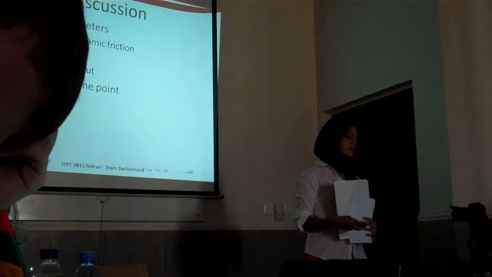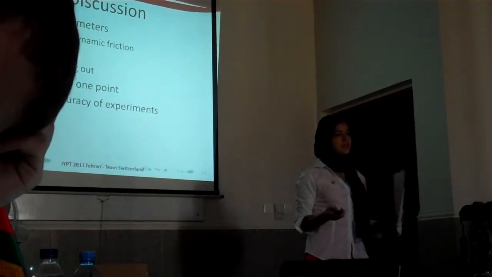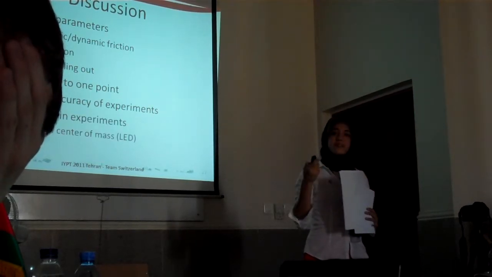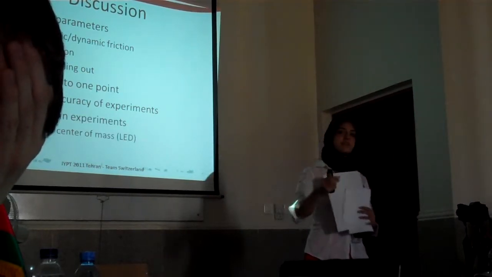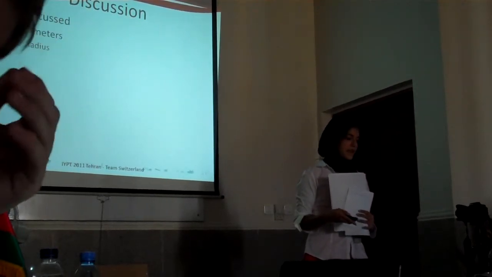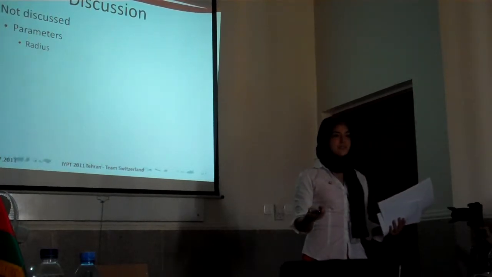You nicely moved on. You discussed the accuracy of the experiments, which I thought was very interesting, and you found the important lacks, for example, like the change of the mass distribution with the LED lamp. What you didn't discuss were many parameters, like the radius.